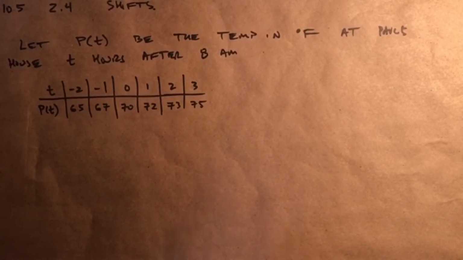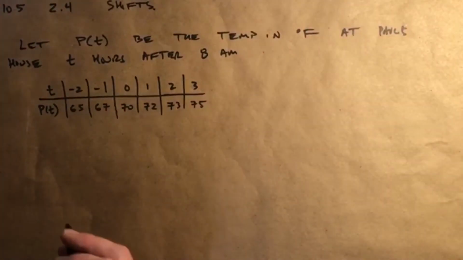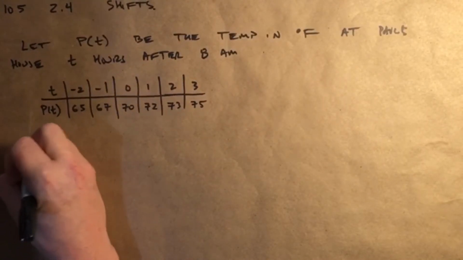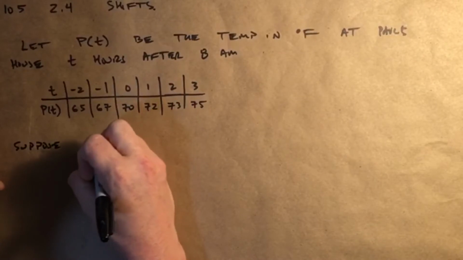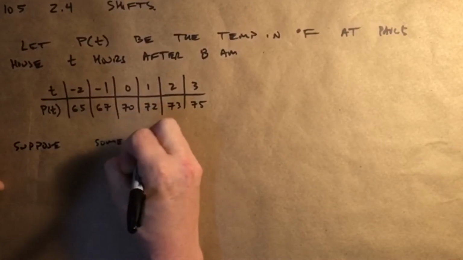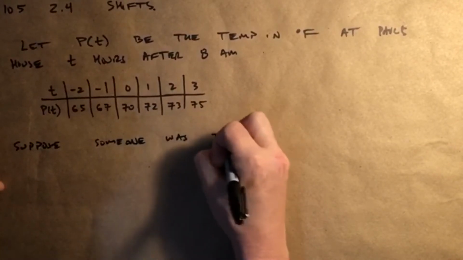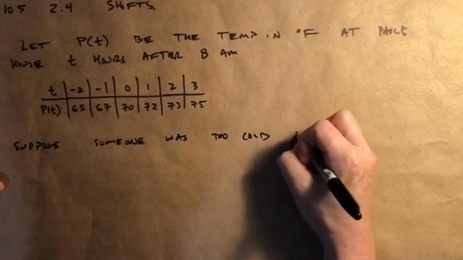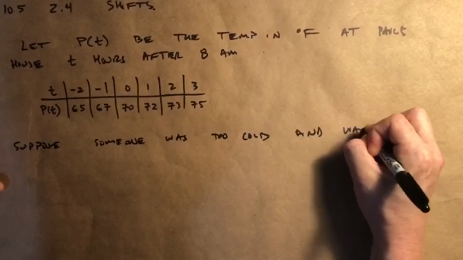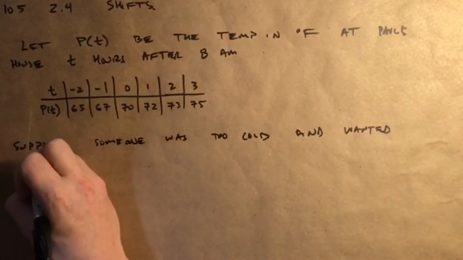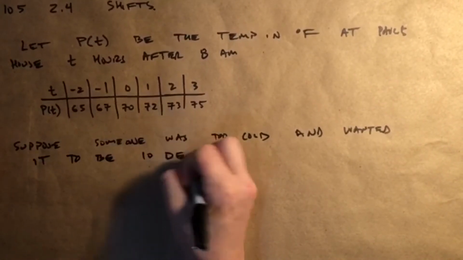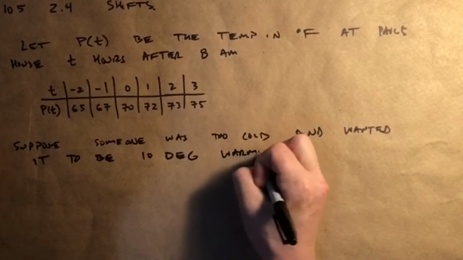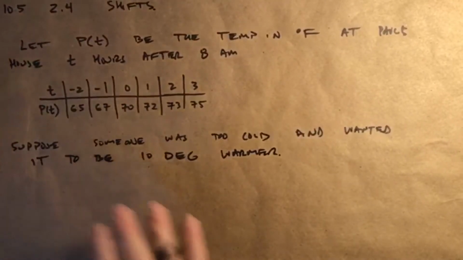And so if I was going to make, say, a new function, suppose someone was too cold and wanted it to be 10 degrees warmer, what would we have to do here?